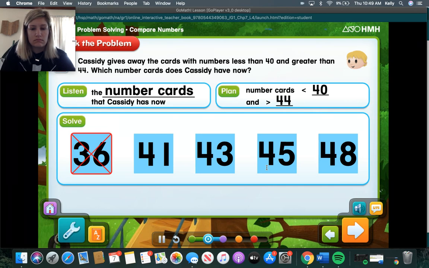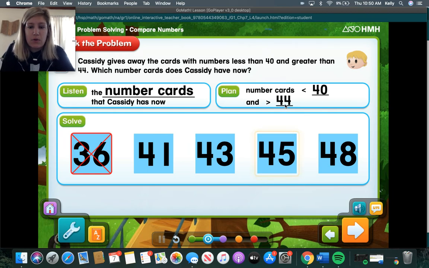You also need to cross out all the number cards greater than 44. Is 45 greater than 44? So let's use the comparing the digits and the numbers trick to solve this. Is 45 less than 44? Well, look at the fours. There's both 4 groups of 10 in 44 and 45.